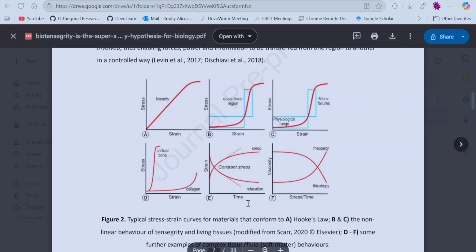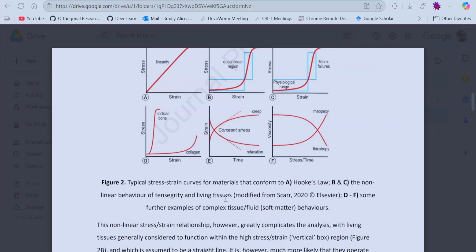And then D through F are some further examples of complex tissue fluid behaviors, which we call soft matter behaviors. You might have different stress strain curves for different materials. If you are modeling a cell, collagen might have one behavior and cortical bone might have another, and of course you have to account for that in your model.